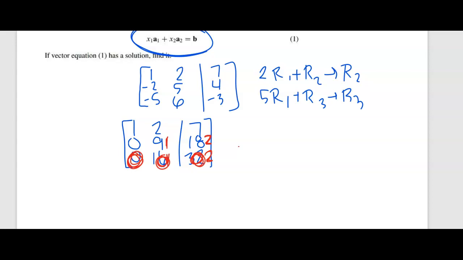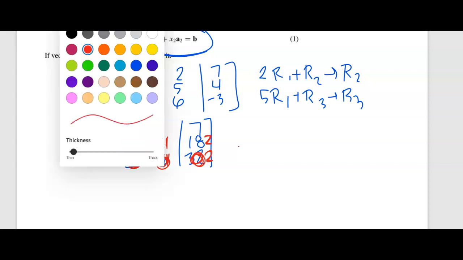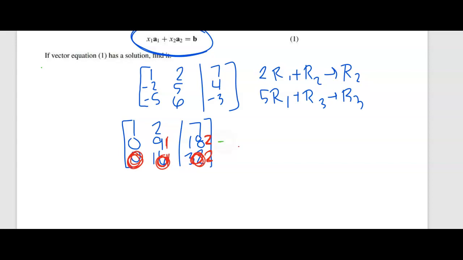Or you can say negative R2 plus R3 back into R3, and those are just going to cancel out. So what does that give me? What that gives me is that 1 times x2 must be equal to 2, or x2 must be 2, right?